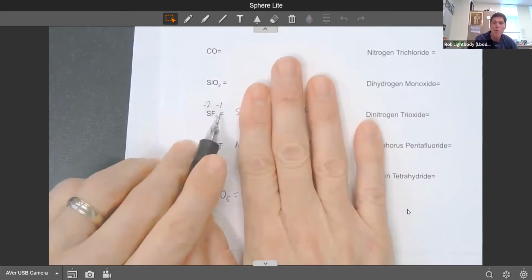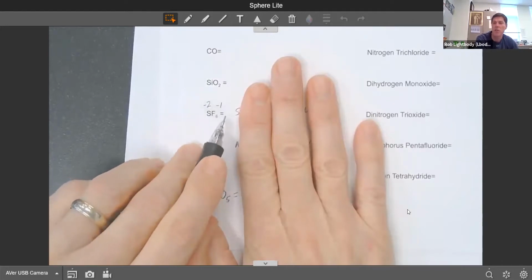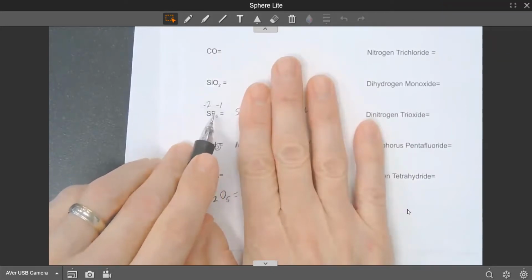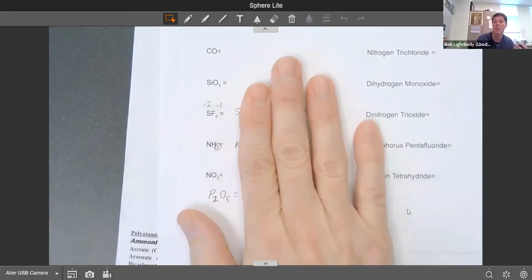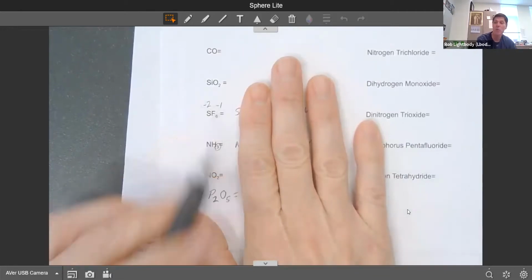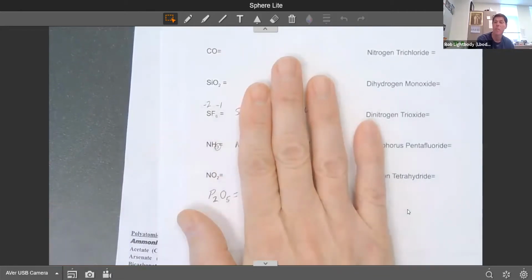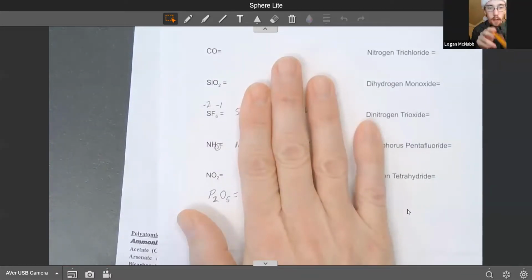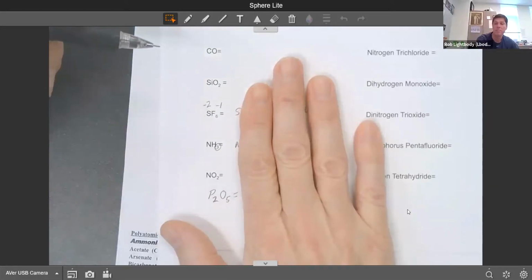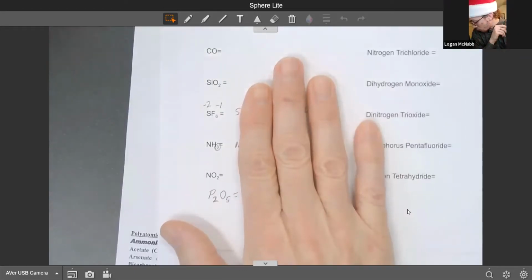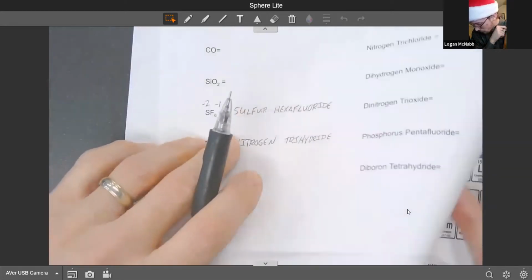Would these ever want to come together if they have charges? No. That means they can't have a transfer of electrons because negative means they both want to get electrons. Well, it can't get one from the other one when they're both trying to take them. What they can do is share. So these are the covalent bonds, then. These are covalents down here, yes. And that the iodine to magnesium is an ionic bond.